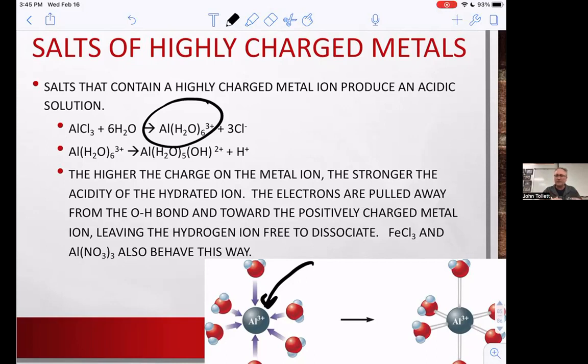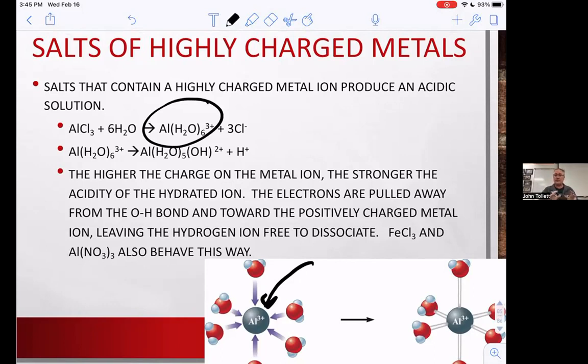hydrogens kind of stranded with weaker polar bonds. They're polar covalent bonds, but not nearly as strong as they were before. And so that hydrogen is easier to dissociate. At least one hydrogen, sometimes multiples, is pretty easy to dissociate.